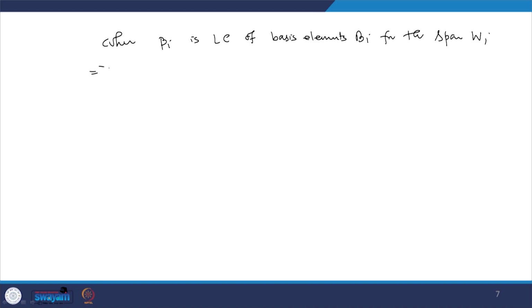So, if beta 1 plus beta 2 plus ... beta k equal to 0, this implies each beta I equal to 0 for I equal to 1 to k.